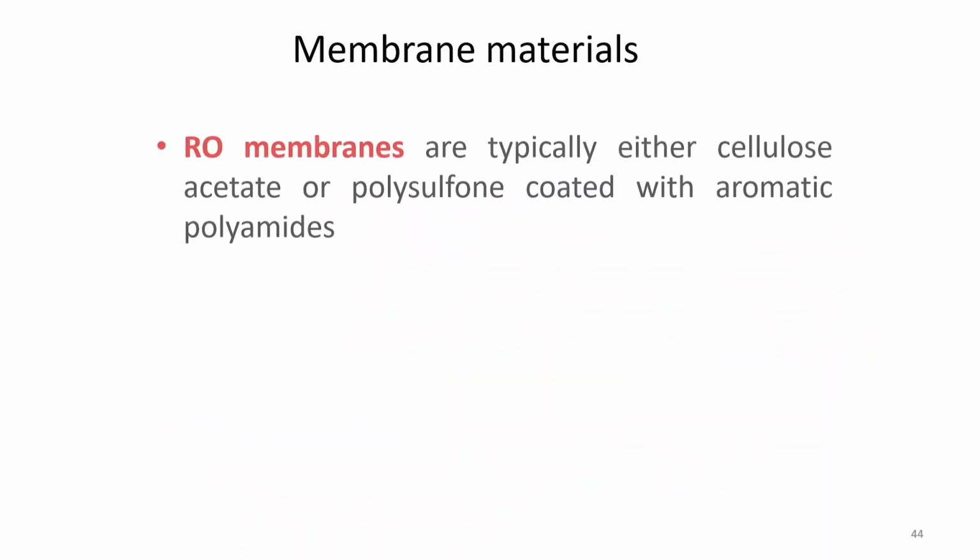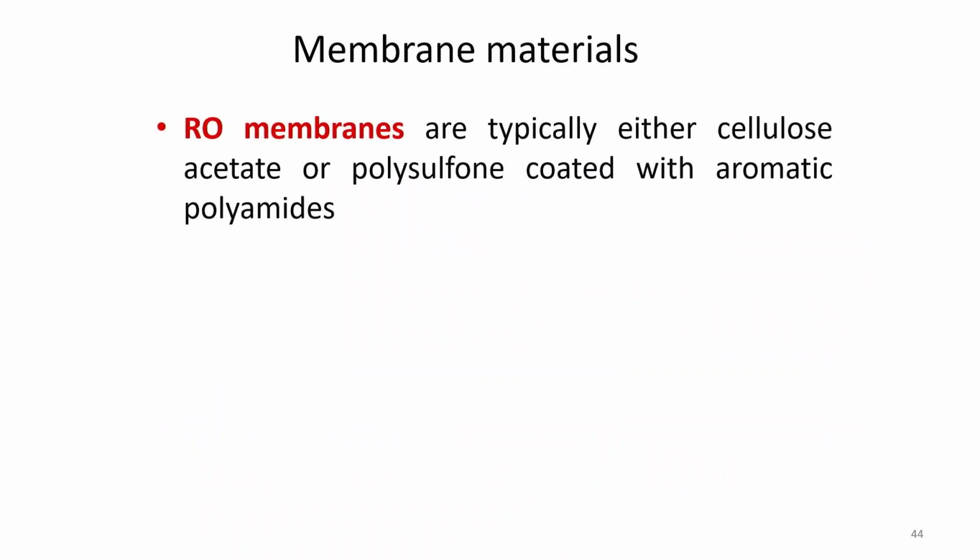For RO membrane, we typically use the cellulose acetate membrane or polysulfone coated aromatic polyamides. So, for different types of membrane we use different types of materials, different types of polymers.